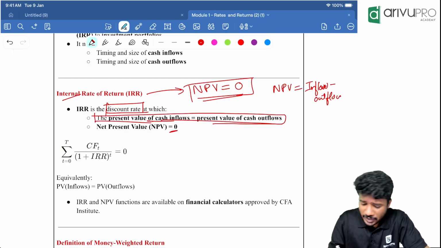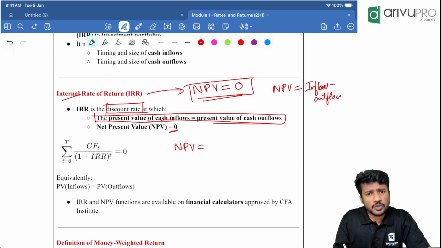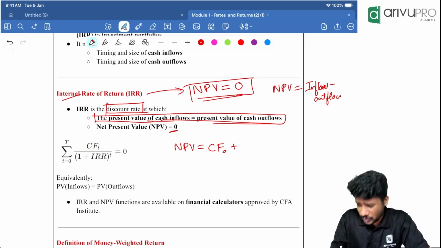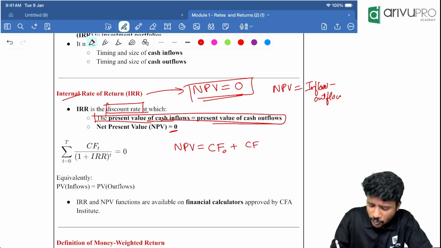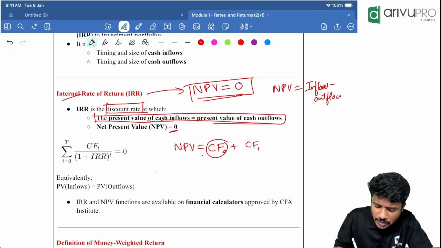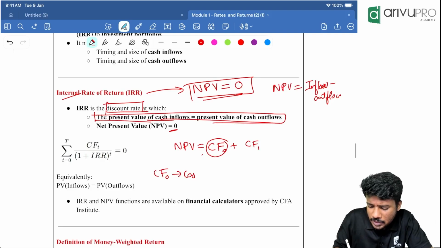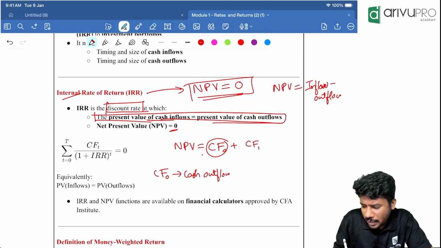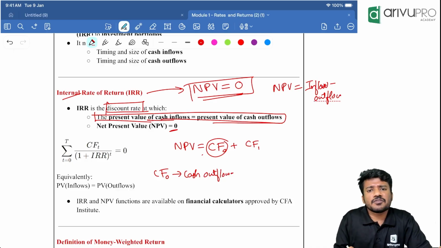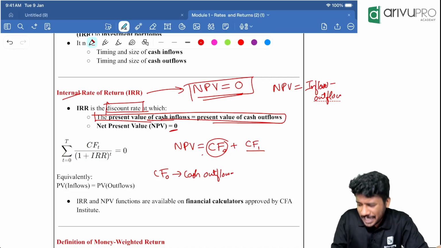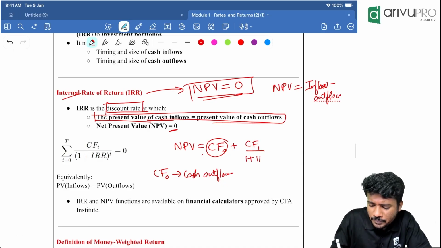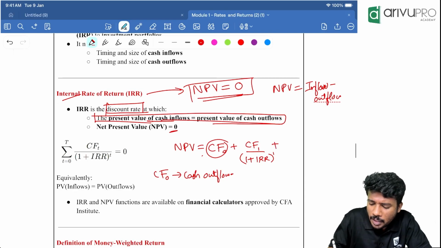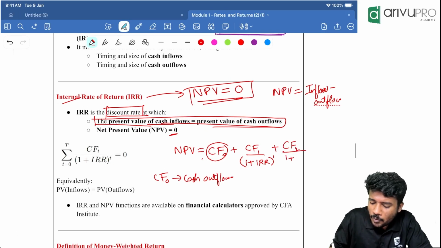Now we have a formula for net present value. You can write it in multiple ways. NPV, usually we write as cash outflow, the initial investment we are putting, let this be CF0, plus the cash inflow for the first year divided by 1 plus the internal rate of return, the whole raised to 1, plus cash flow for the second year divided by 1 plus the internal rate of return, the whole squared, plus and so on.